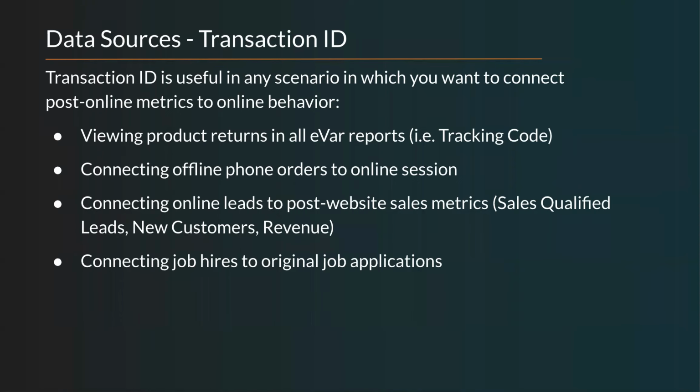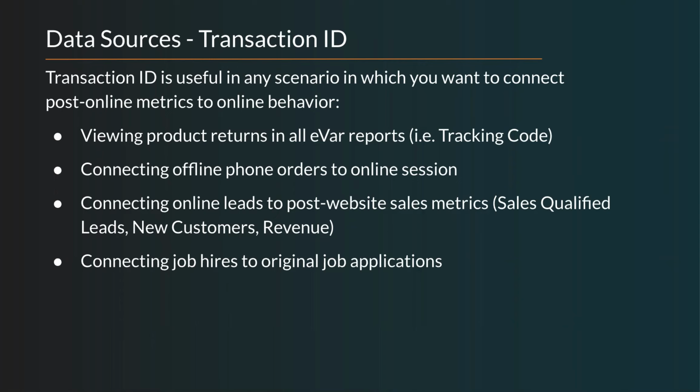Maybe I want to connect offline phone orders to the online session. What's really crazy is if someone searched for the word book and that went into an eVar and then they went offline and did an order on the phone, if you uploaded that order, you could actually tie it to the search term of book because transaction ID would allow you to do that.